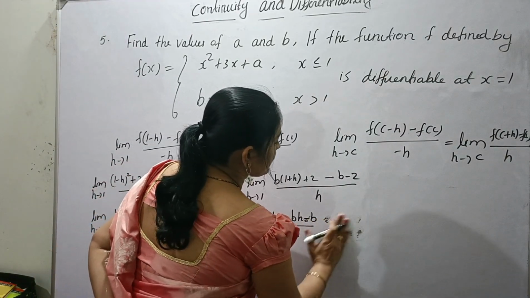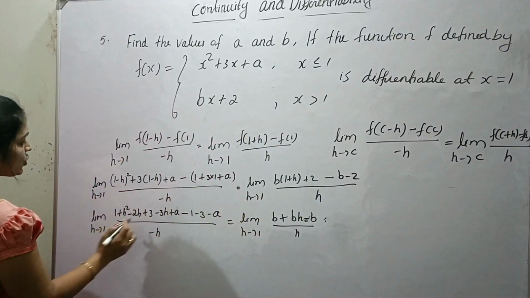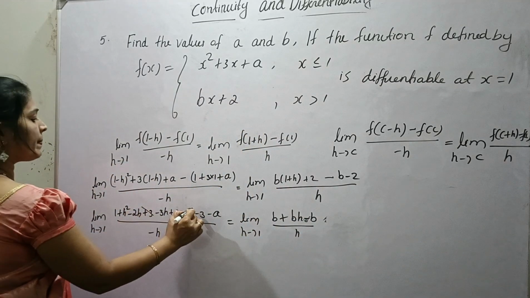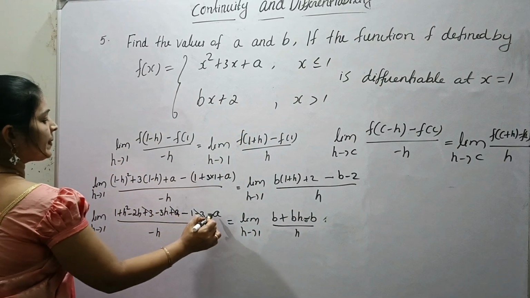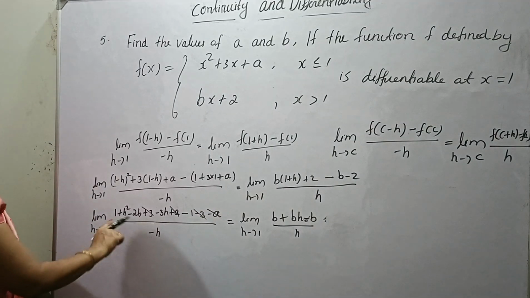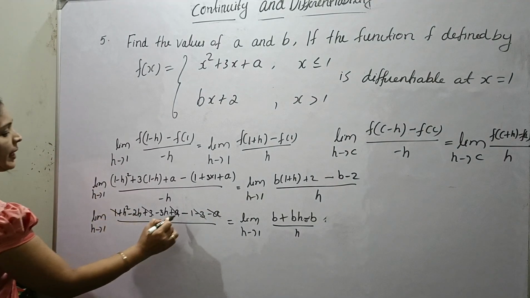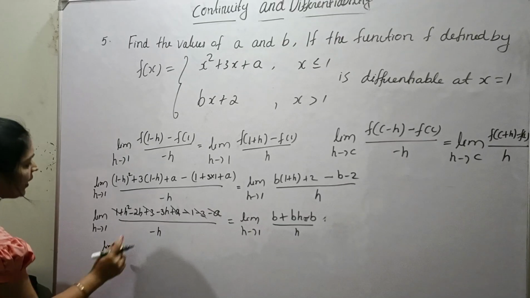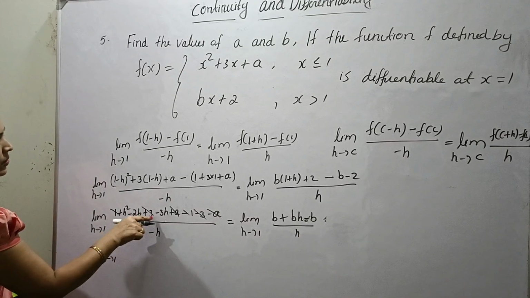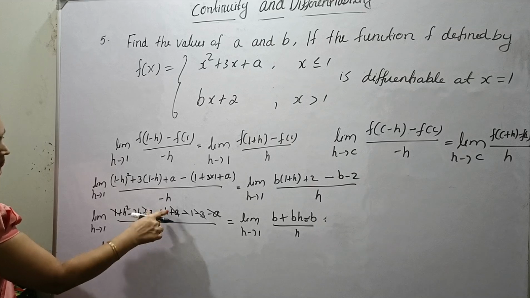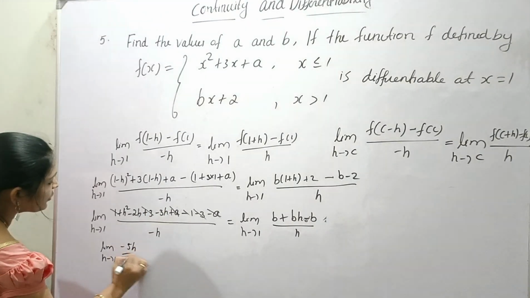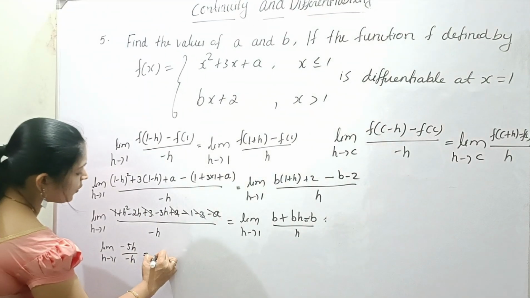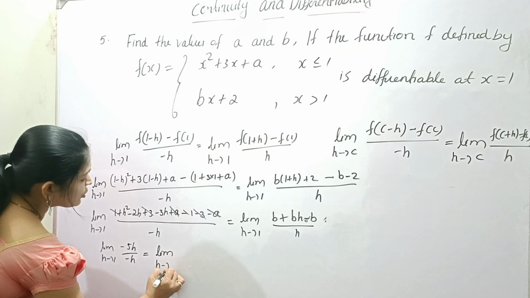Okay, next step I will write. So here see, plus 3 minus 3 cancelled, a minus a cancelled, then 1 minus 1 cancelled. So limit h tends to 0, minus 2h minus 3h, that is minus 5h divided by minus h, is equal to limit h tends to 0.